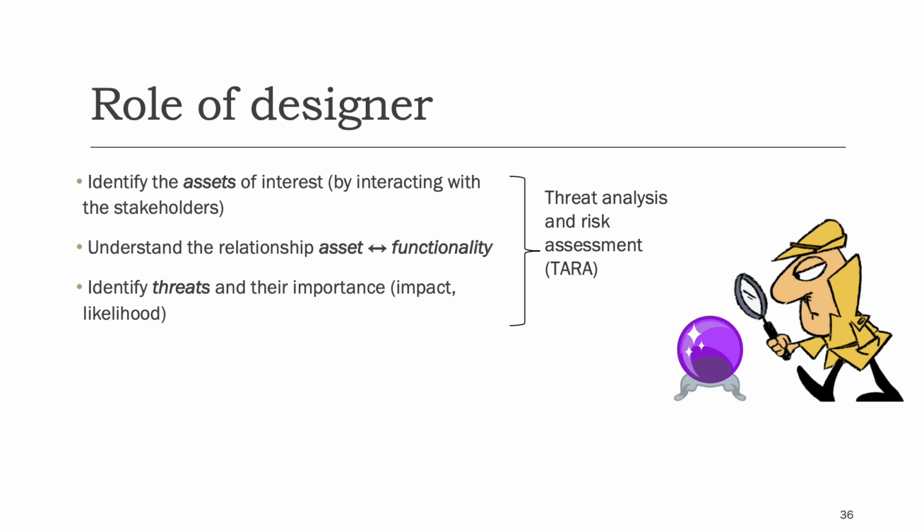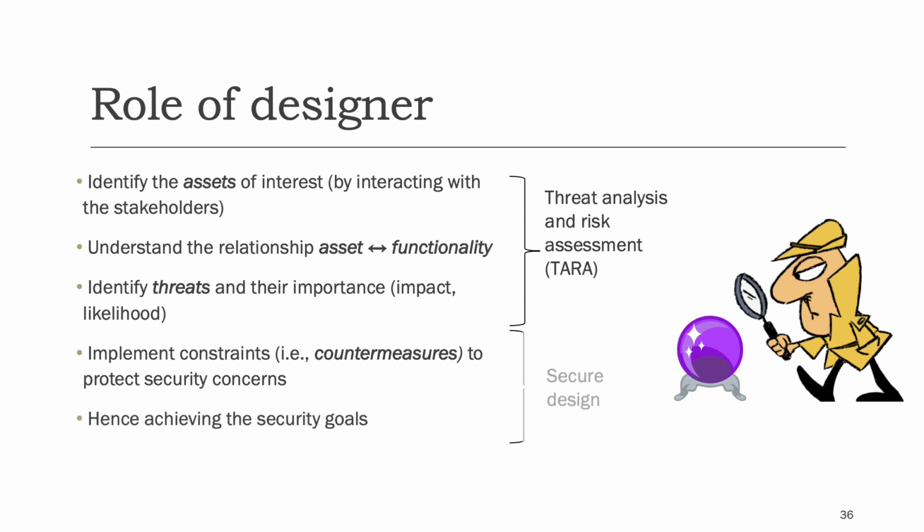This will give them the top priority security threats, which they have to secure the system against. The prioritized threats need to be mitigated to protect the assets that absolutely cannot be compromised. So the designer has to plan for implementing certain constraints in the system or countermeasures to achieve the security goals.